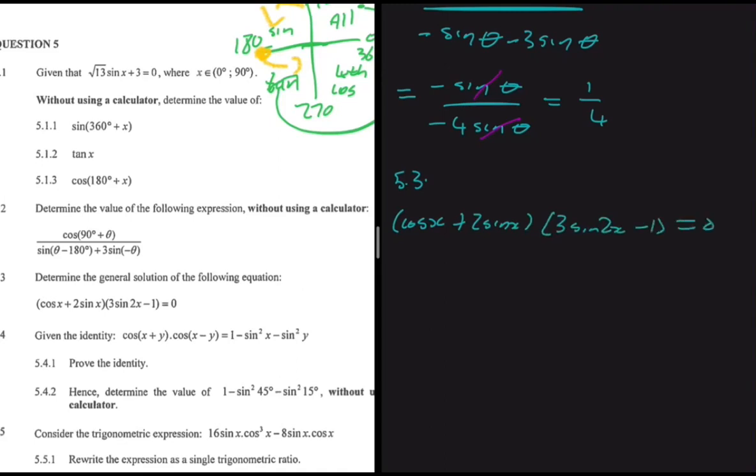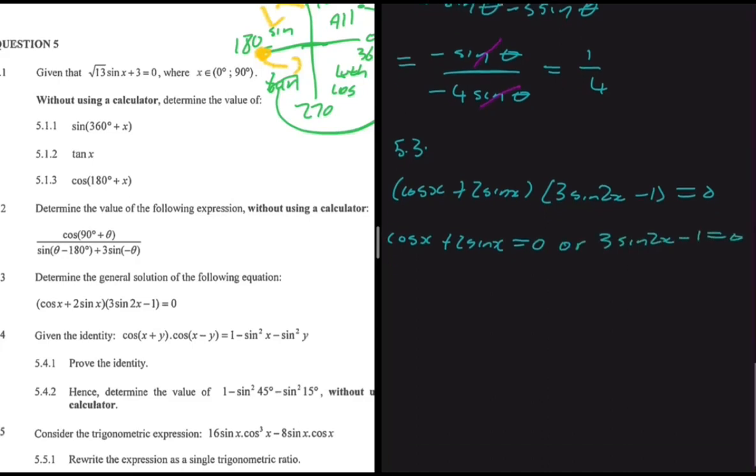If you multiply two numbers and you get 0, then one of the two numbers must be 0, like it's given. So now we can say that cos x plus 2 sine of x should at least be equal to 0. If it's not, then 3 sine of 2x minus 1 should be equal to 0.